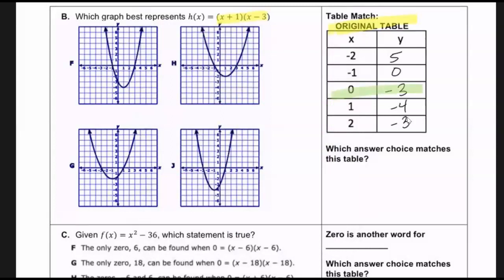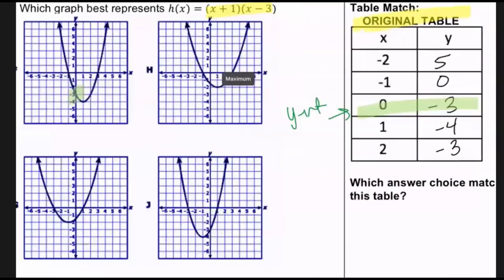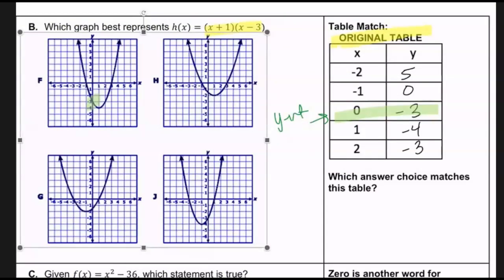So this is my y-intercept. So let's see, y-intercept at -3. F has a y-intercept of -3. Okay, perhaps. If you look at answer choice H, it actually doesn't have a y-intercept at -3. It has it sort of between 1 and -2.